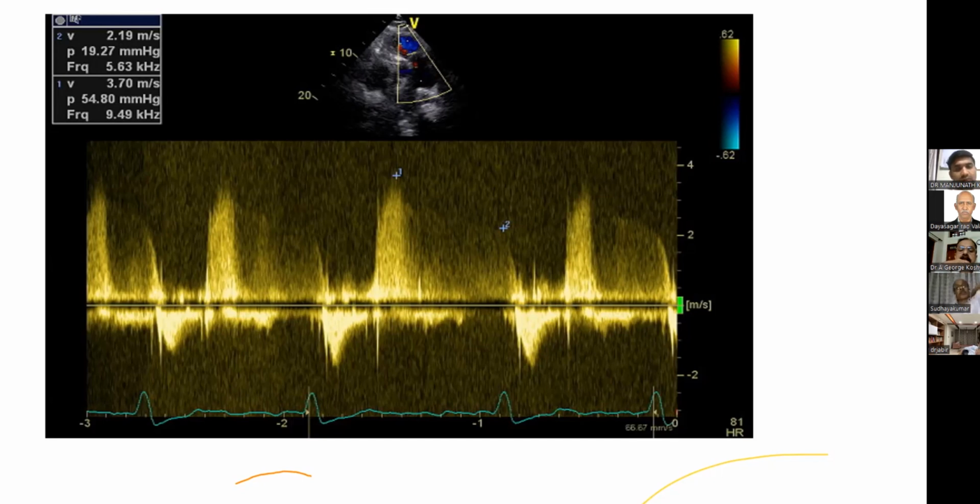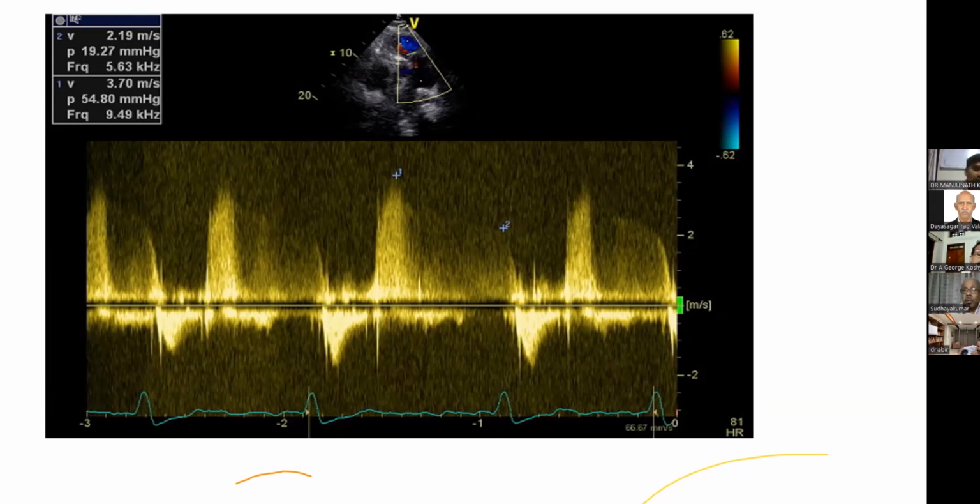How do you calculate the pulmonary artery diastolic pressure based on this profile? Okay, we have the values there. You can look at the values and comments.